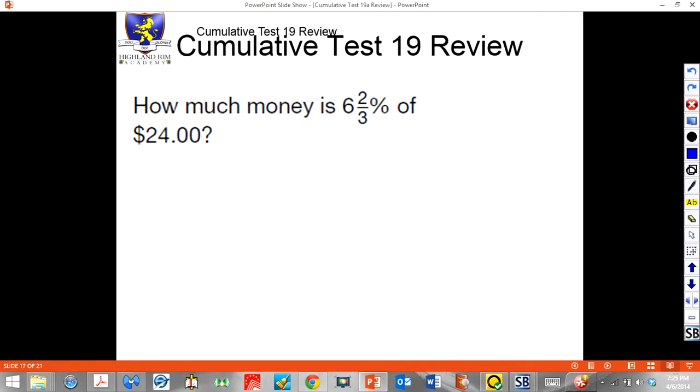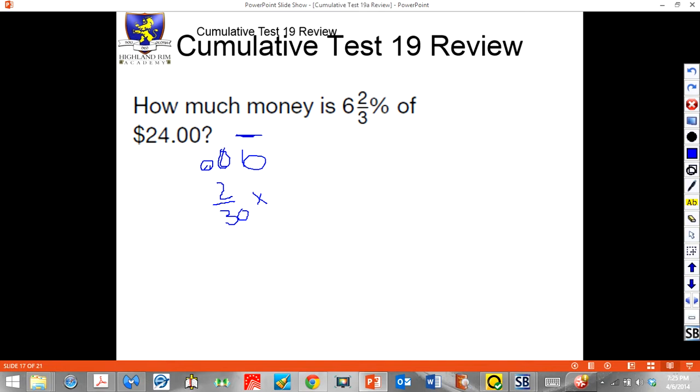Next problem. How much money is 6 2/3% of $24? 6 2/3% is 0.06 with the repeating 6, because 0.666 would be 2/3. So 6 2/3% would be equal to 2/30ths, right?